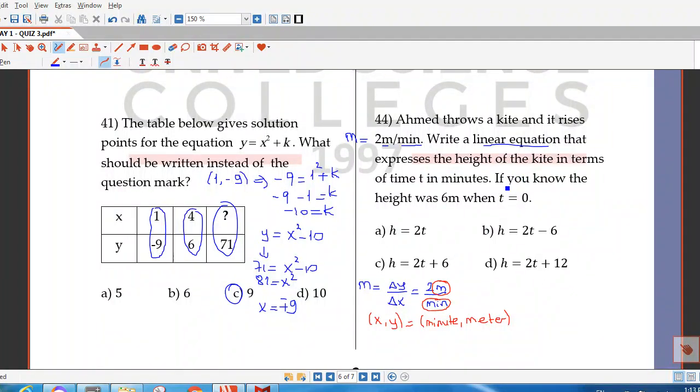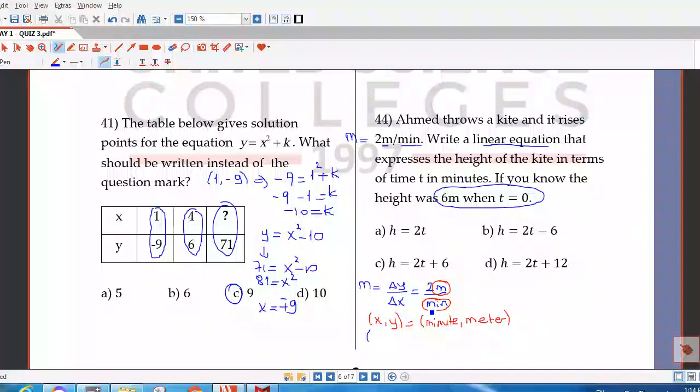And let's have a look in the problem. The height was 6 meters when t is equal to 0. To write a point, I have to write x, y, minute and meter, and this information here is going to show me a point related with the problem.